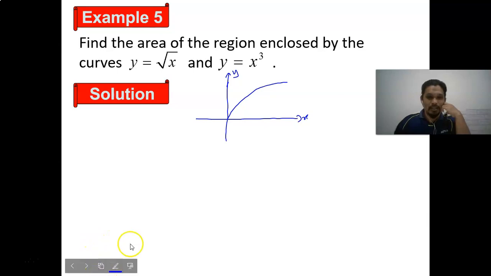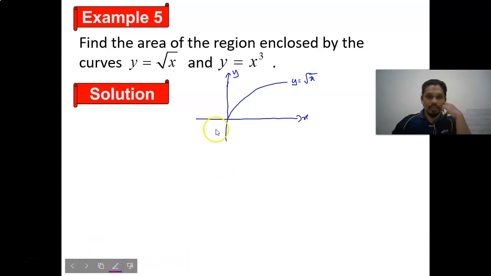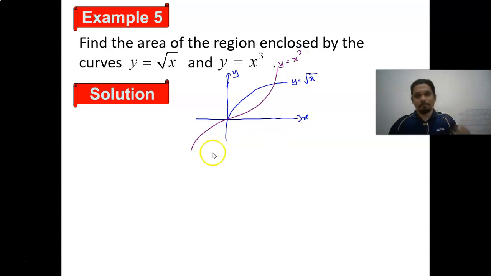Okay, this is y equal to square root of x and y equal to x cubed.